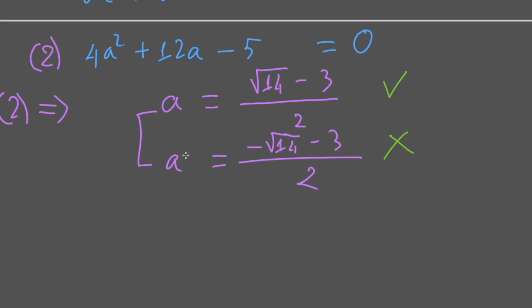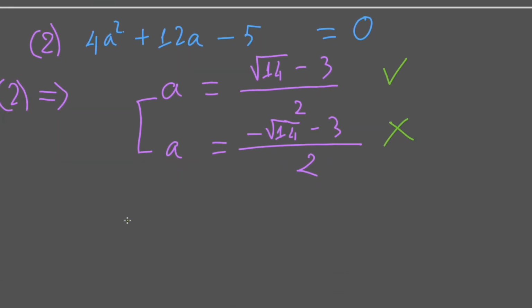Then it means sine x plus cosine x equal to square root of 14 minus 3 over 2.